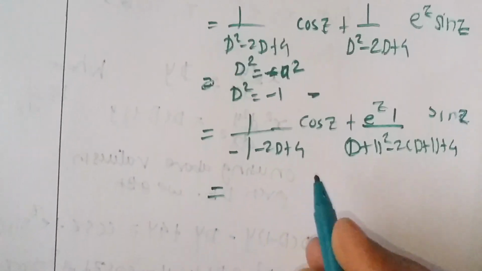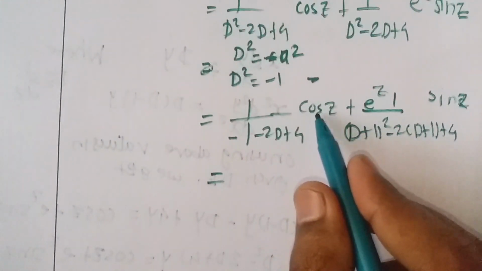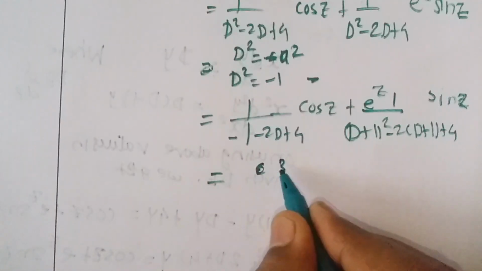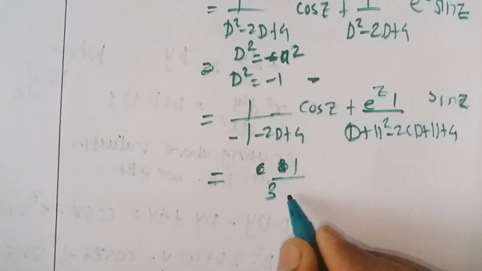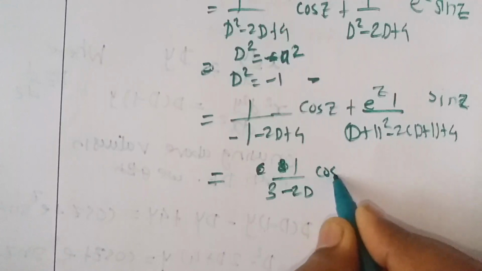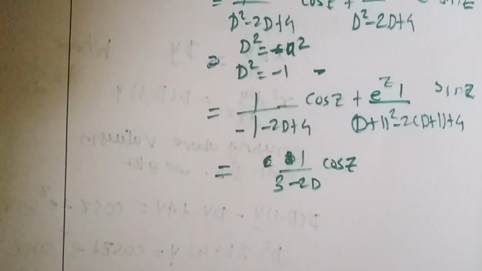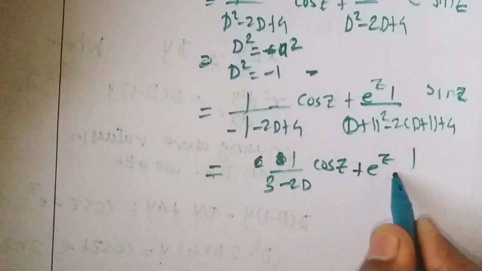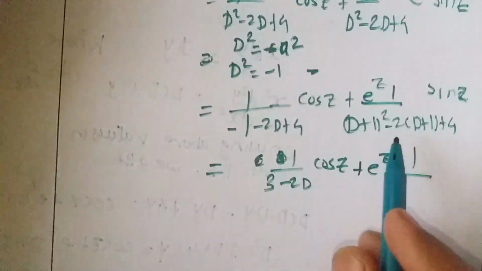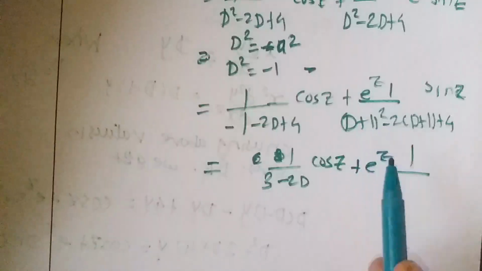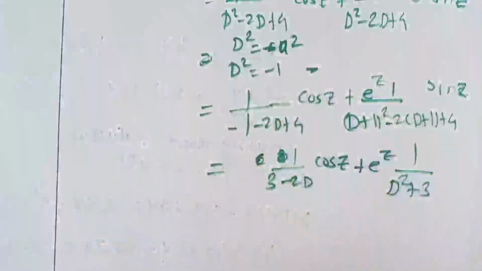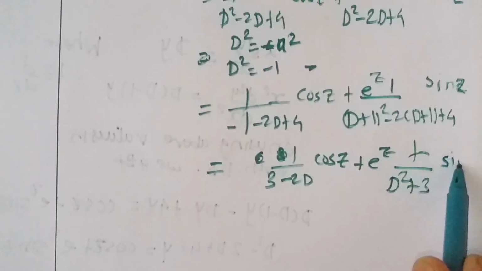Now we will get here 4 minus 1, 3. So 1 by 3 minus 2D into cos z, and plus e raised to z, 1 by, if you simplify this and do the addition and subtraction of terms, we will finally get D square plus 3, and operating on sin z.